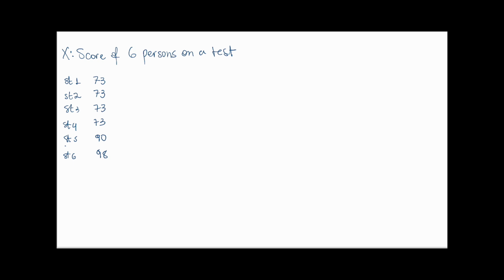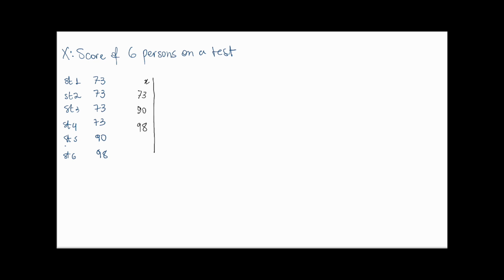Okay? So again, x is an experiment where x can assume values. It's not deterministic, it's probabilistic. It will assume values, and we can create the PDF of this thing. So what values can x assume? Well, it can assume 73, it can assume 90, and it can assume 98.